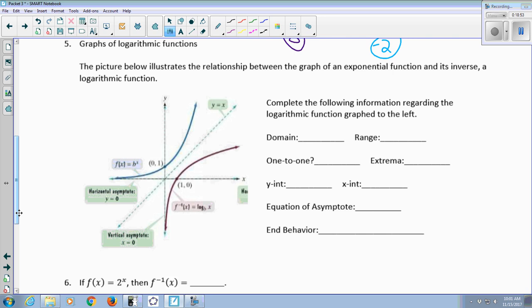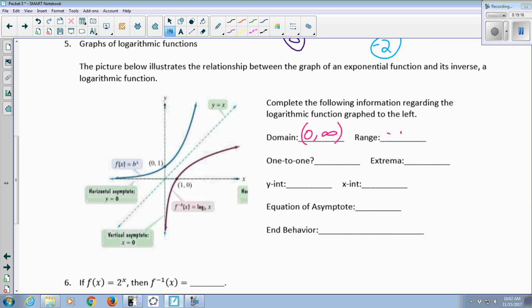So we want to answer some questions about the graph in red, just the red one, because we've studied the exponential function already. Looking at this graph of the log function, its domain, the x values that it lives on, would be 0 to infinity, and it doesn't include the 0. That's an asymptote.